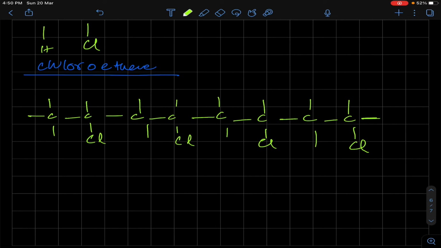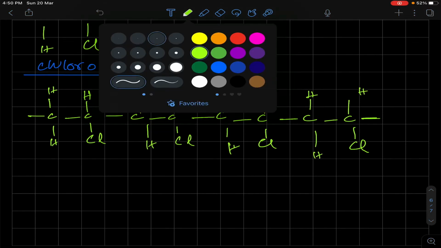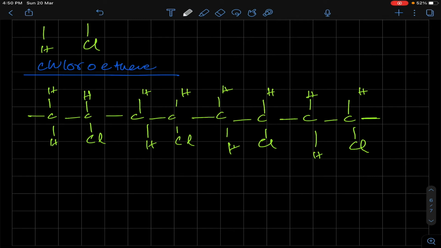All right, now one more thing in this structure. If you look at it, we have combined four monomers. So this polymeric chain is made up of four monomers, and you can see that there is a pattern which repeats itself in this polymeric chain. The pattern which repeats itself, if I start from here, the CH2, ends here.